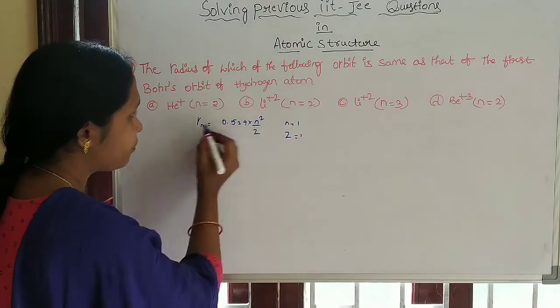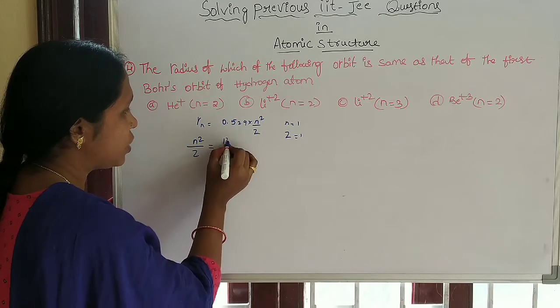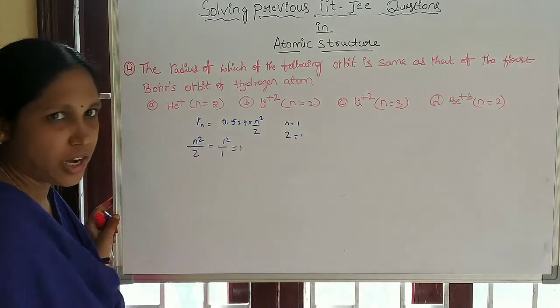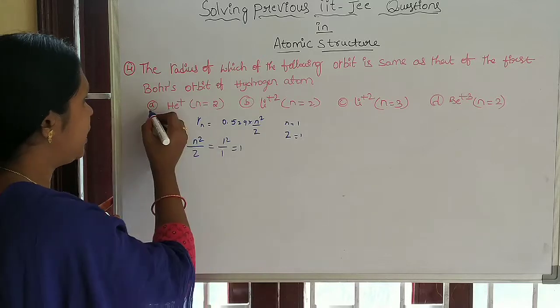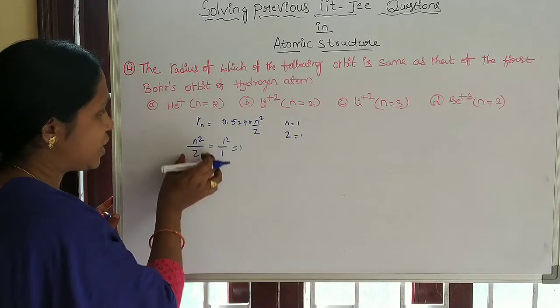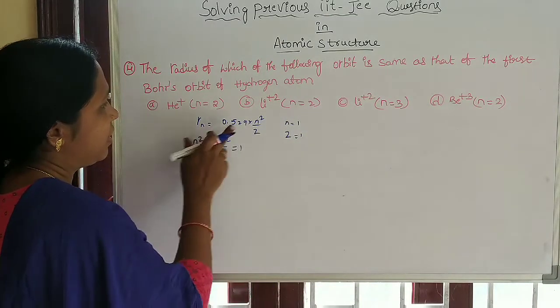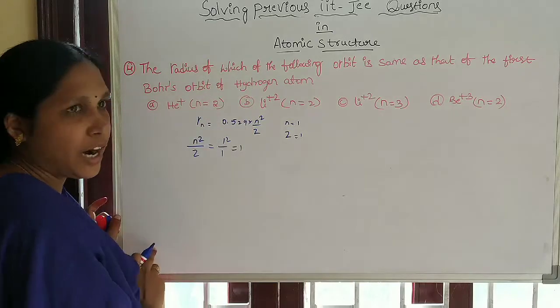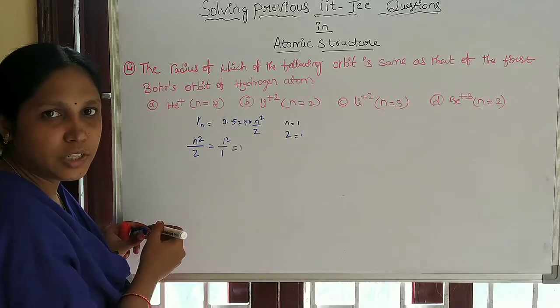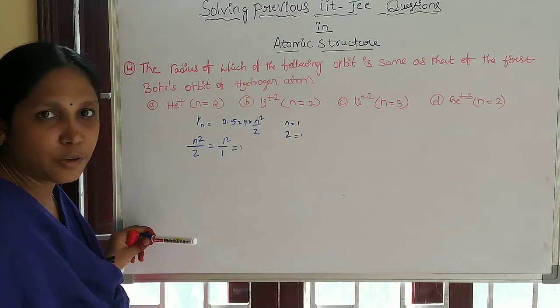So here the n square by Z value is 1 square by 1, that is 1. That means in these four options, the one which has an n square by Z value of 1 has a radius equal to the radius of the electron in the first orbit of hydrogen atom.